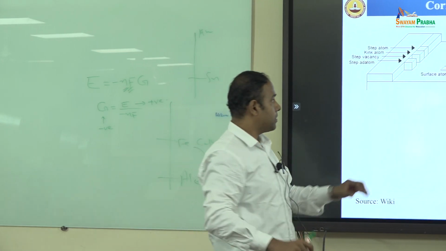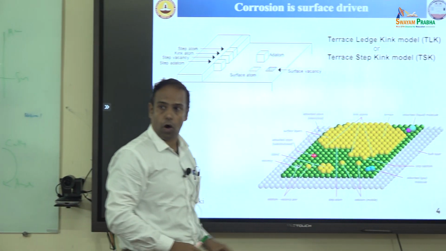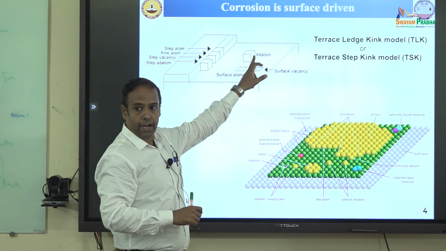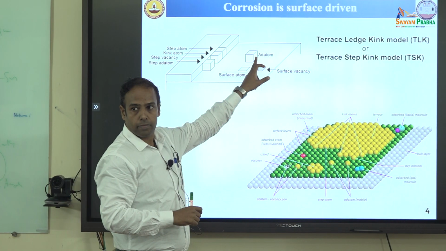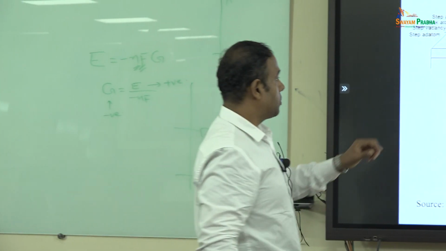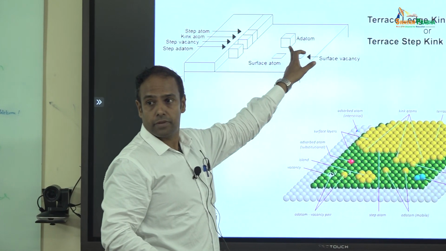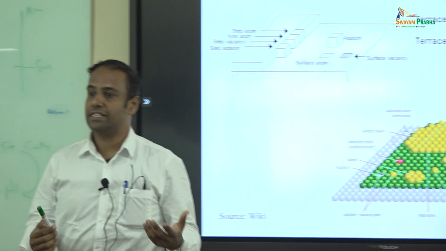If, for example, this is a metal which has to dissolve in an electrolyte, the first one which would go down is the adatom. Do you agree? Why? It has more surface area to interact with the electrolyte, the adatom, because it is attached from only one side.